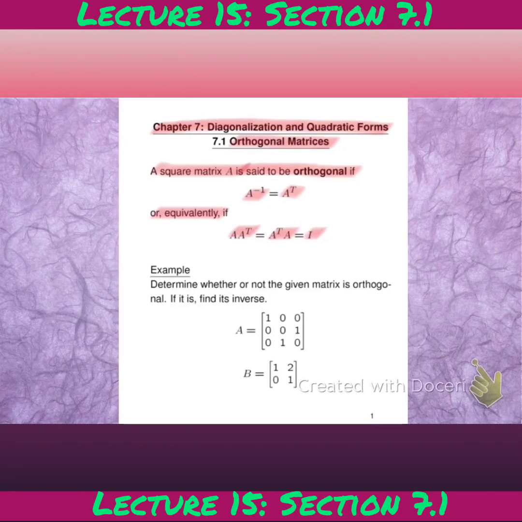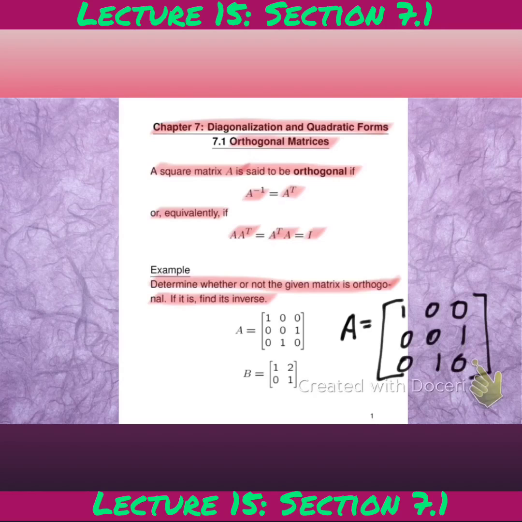Right, so the next example just asks us to determine whether the following given matrices are orthogonal or not. So let's look at the first matrix, which is this matrix. All we can do there is just look at its transpose.